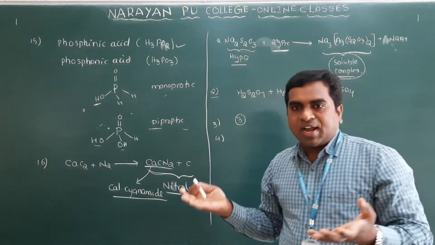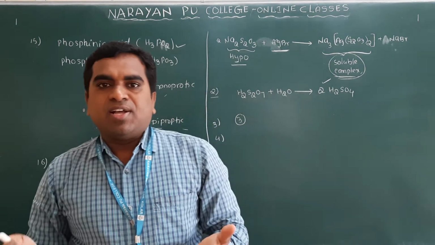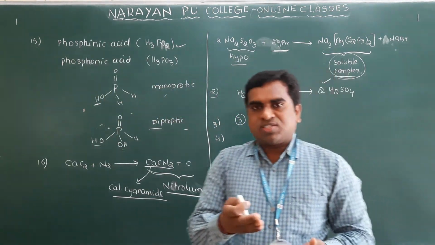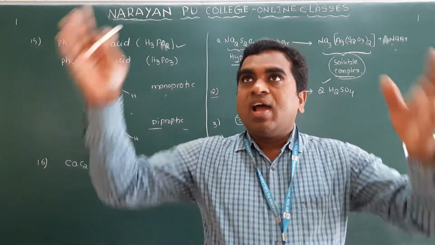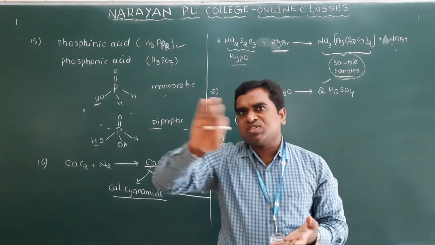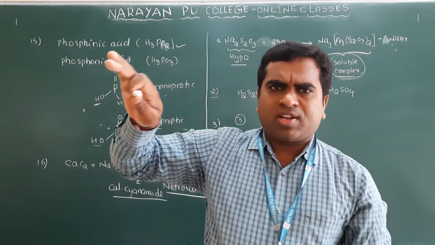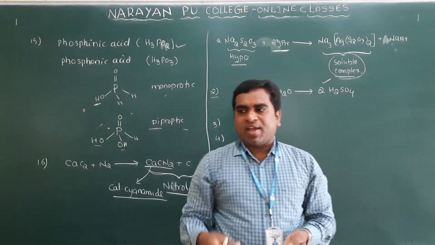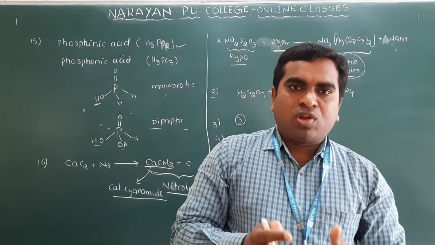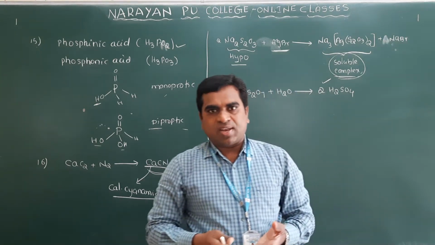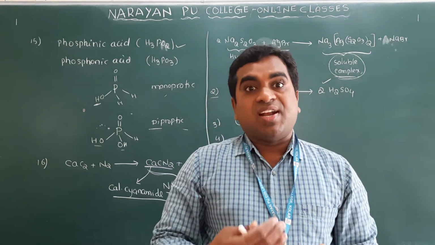The major constituents in the air are oxygen and nitrogen. Collect the air and remove small gases like carbon dioxide and SO2, and after that you liquefy it and you will get mainly nitrogen and oxygen. After that you have to do the fractional distillation.